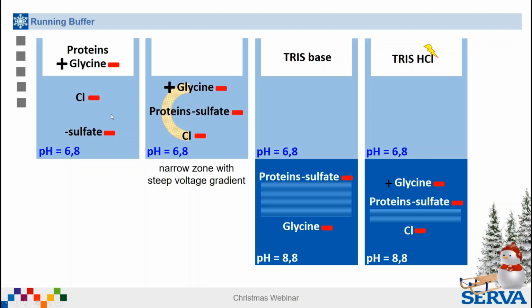Then in your gel you have your chloride ions and your sulfate ions, these are the ions from the SDS, the polar end of the SDS. When you apply the power, the proteins and the glycine will move into the first part of your gel.